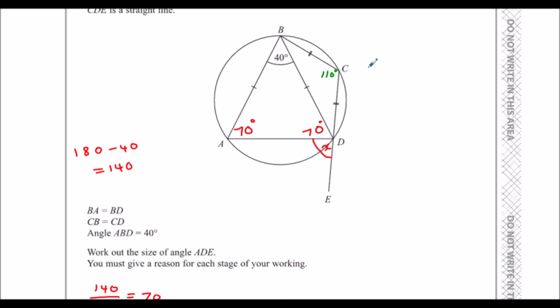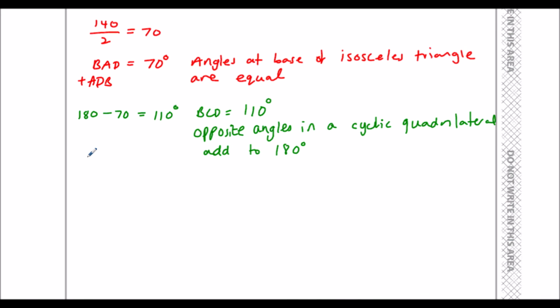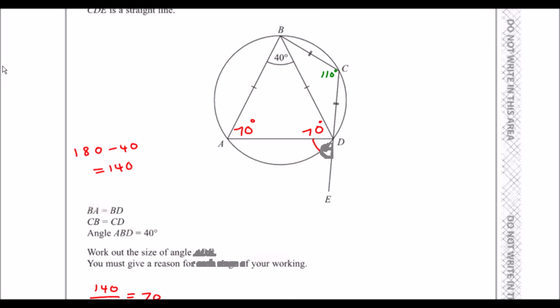Degrees. So now we've got another isosceles triangle. So we can work out the size of these two angles here. So 180 minus 110 is 70. That's the opposite of what we just did. Half of 70 is 35 degrees. So that's the size of this one.